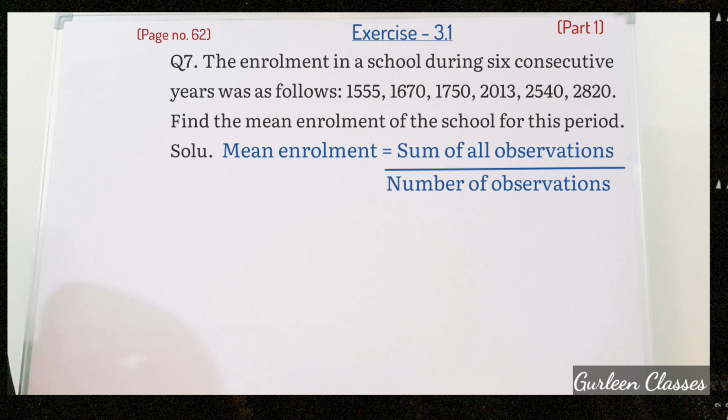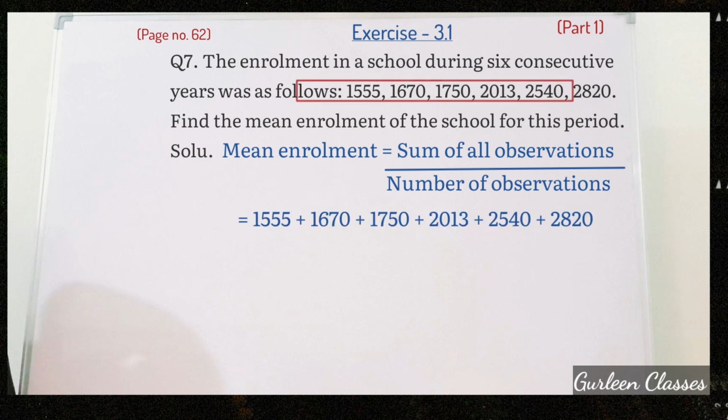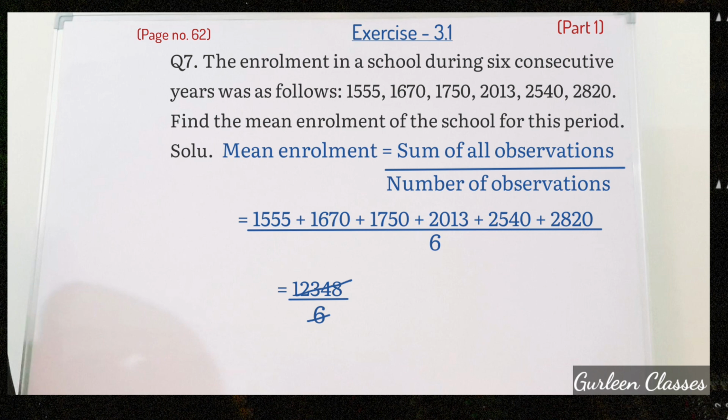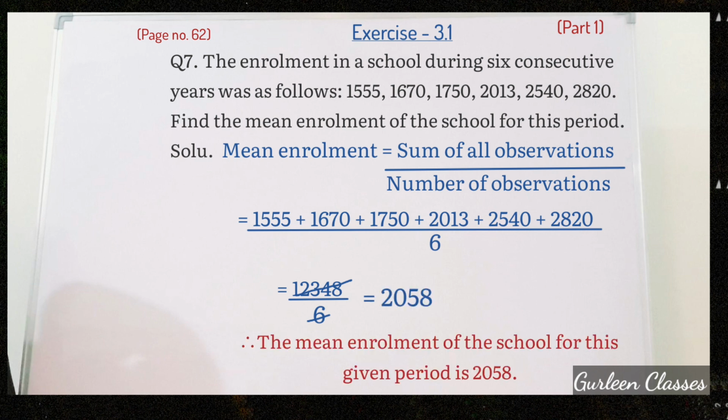So now we will add all these 6 consecutive years, divided by 6 as the number of observations is 6. If we add, we get 1, 2, 3, 4, 8 upon 6. So divide by 6, it will be 2058. Therefore, the mean enrollment of the school for this given period is 2058.